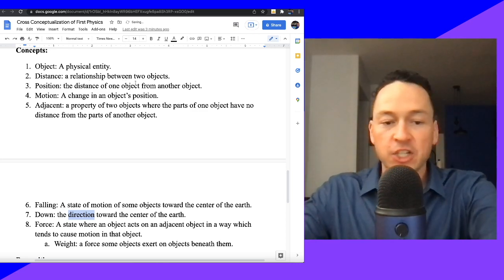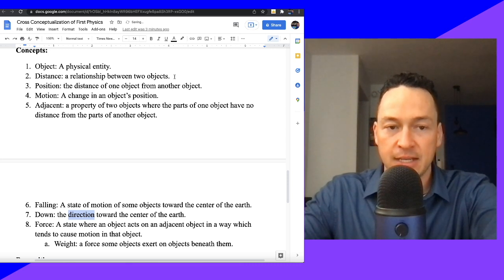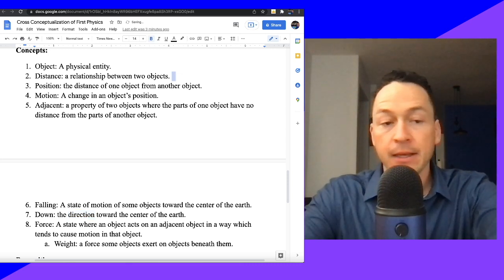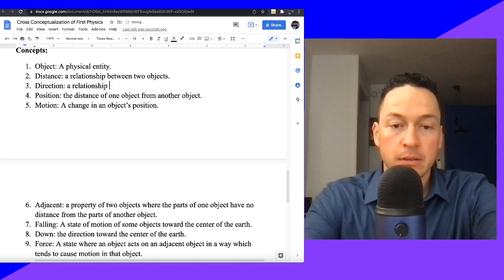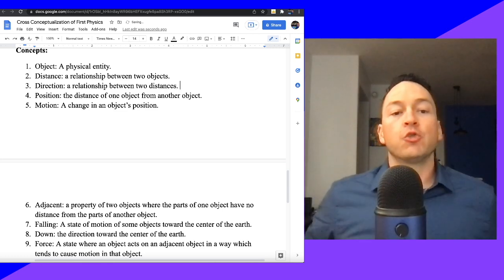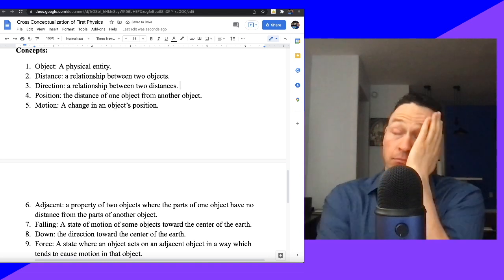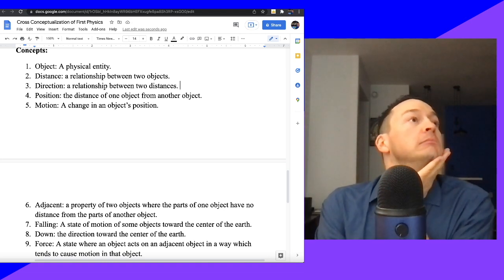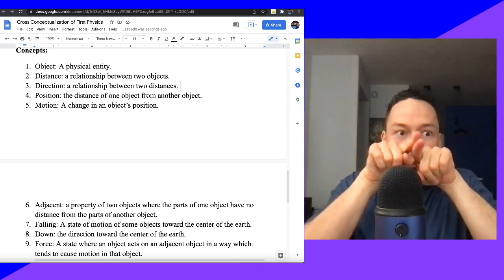So direction is actually dependent on distance. Direction is a relationship between two distances. And it's this kind.